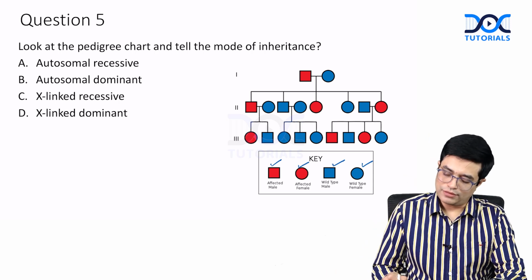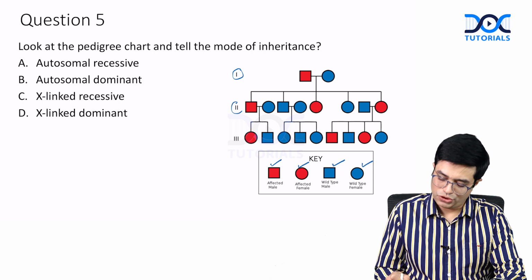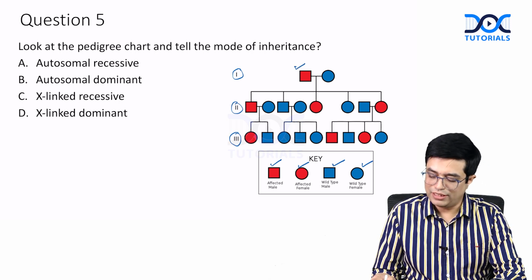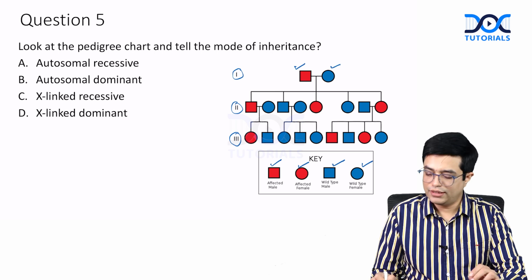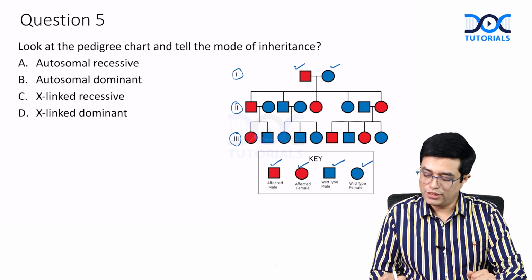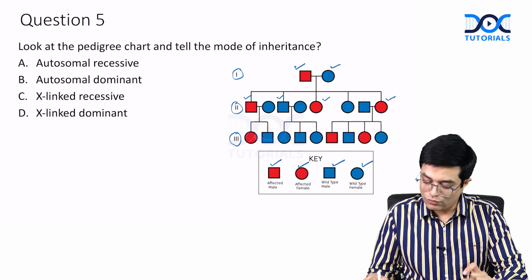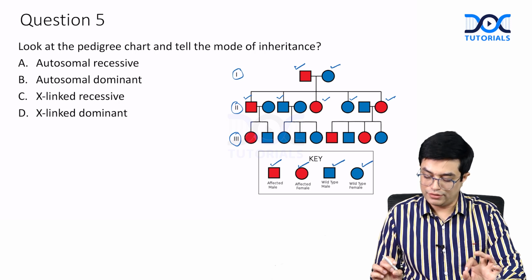So, these are the generations which have been shown. In the first generation, this diseased male married this lady. They had multiple children: one male who was affected, one male who was unaffected, two females who were affected, and one female who was unaffected, right?